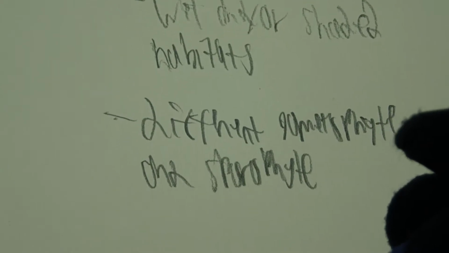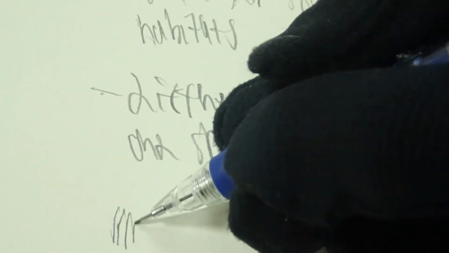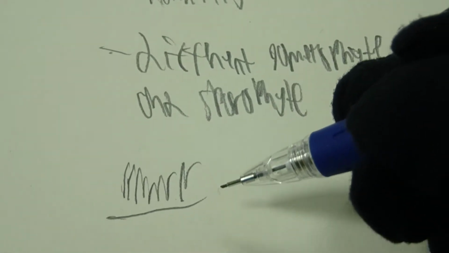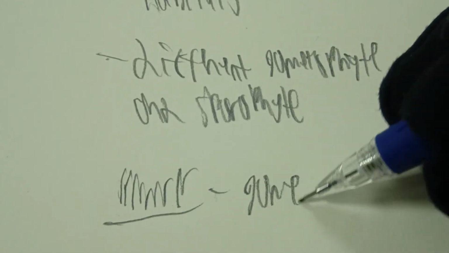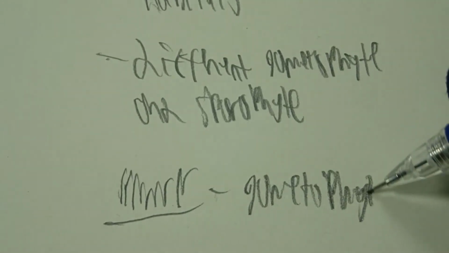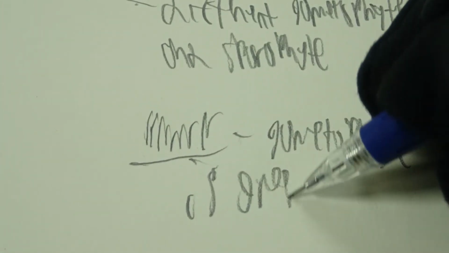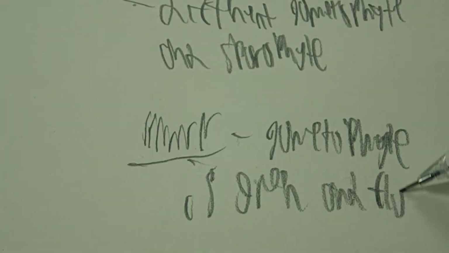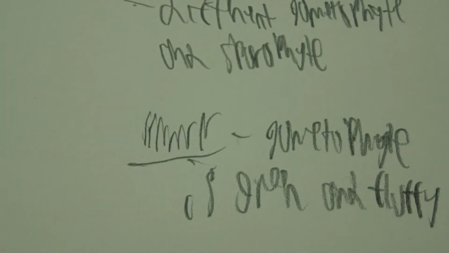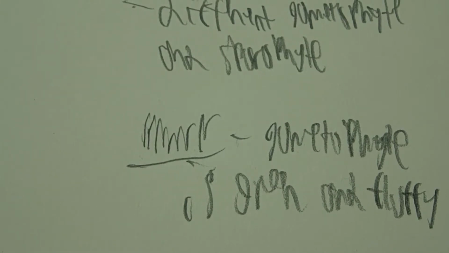In this group of plants, the gametophyte is green, or often green, and it is fluffy. So when you see a patch of green moss, that is the moss gametophyte, rather than being the sporophyte like you'll find later.